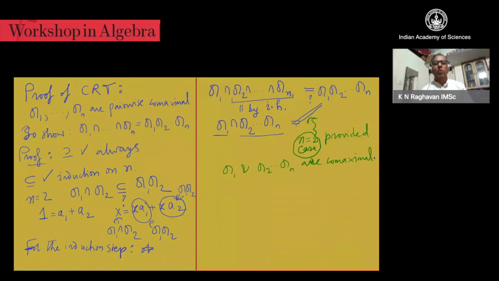Can we prove that these are co-maximal? So what do we know? We know A1 and A2 are co-maximal, A1 and A3 are co-maximal, and so on. A1 and AN are co-maximal.